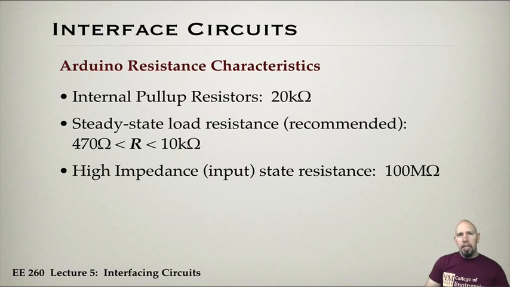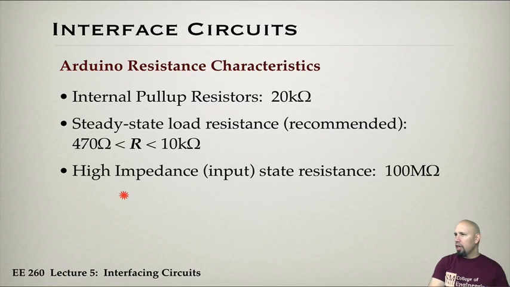When you set the Arduino pin up to be an input pin, it is switched into a mode called high impedance mode, that is high resistance, and in that case it actually has a resistance of 100 mega ohms, so that's really large. So remember, for circuits, you want a high input impedance, low output impedance.